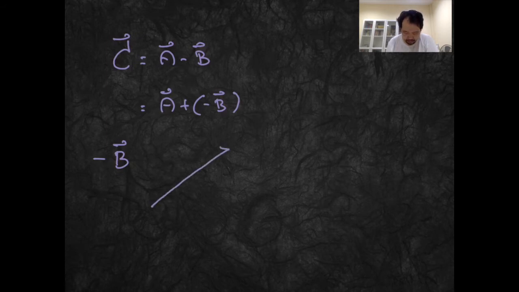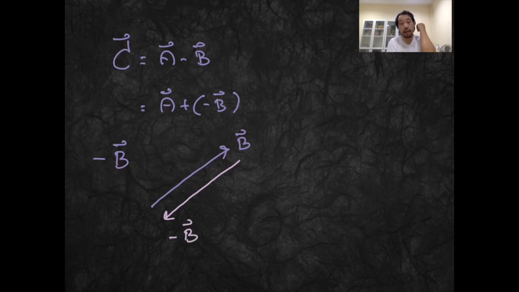If we have B like this, we will have minus B, same magnitude but pointing in the opposite direction. Okay, so that's all we need now for the test number 5.